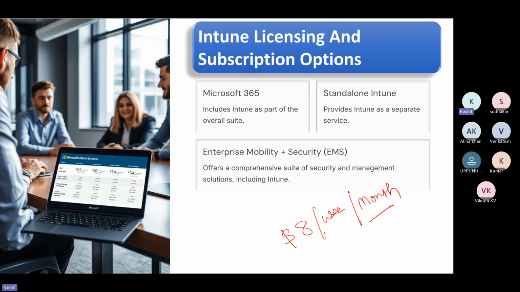So either you take a standalone Intune license or you can take a Microsoft 365 suite license. Or you can go with enterprise mobility and security license. Intune is already included in this one and in this one. Or you take this one as standalone.